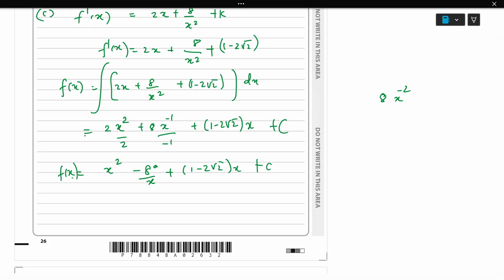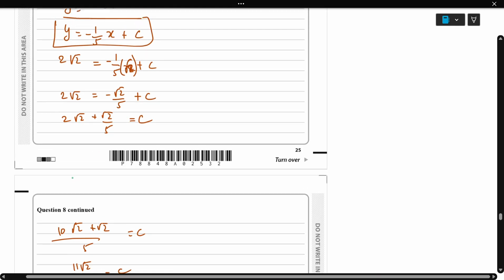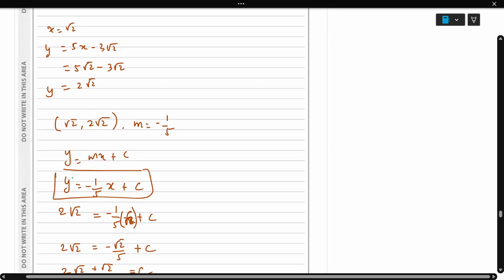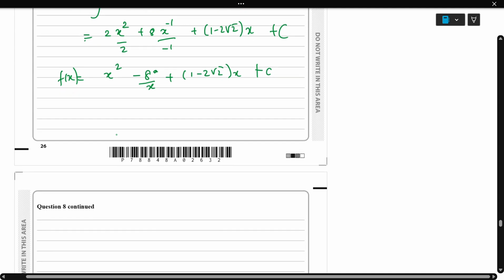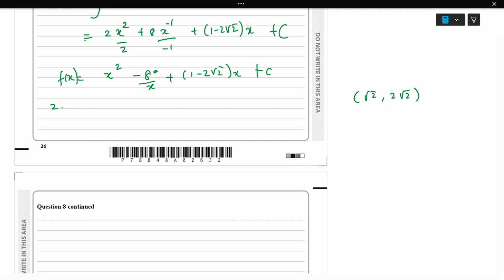Now we have the coordinate at the point, which is root 2 comma 2 root 2, just plug in here. So y equal to 2 root 2 equal to x value root 2 whole square minus 8 over root 2 plus 1 minus 2 root 2 into root 2 plus c.